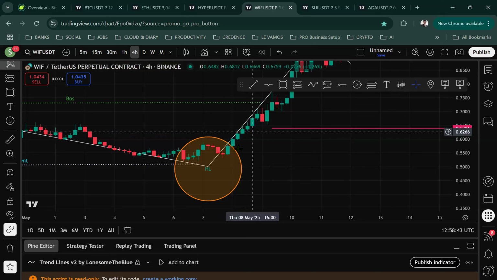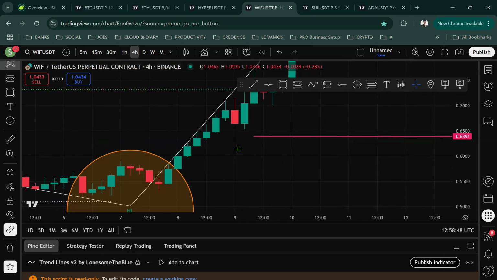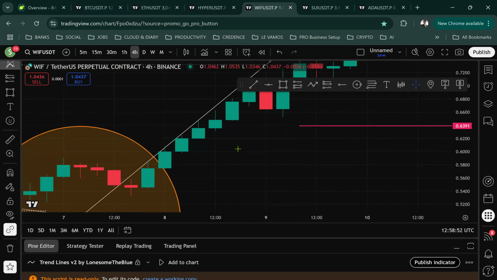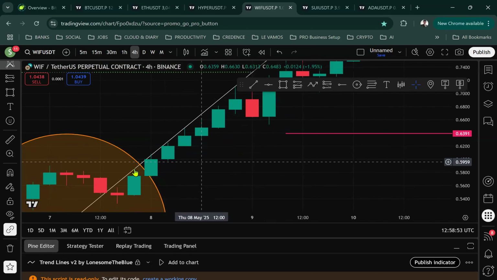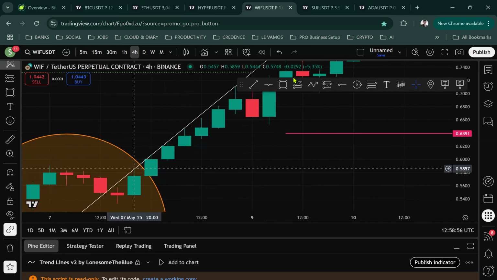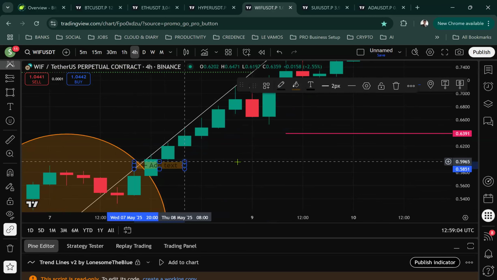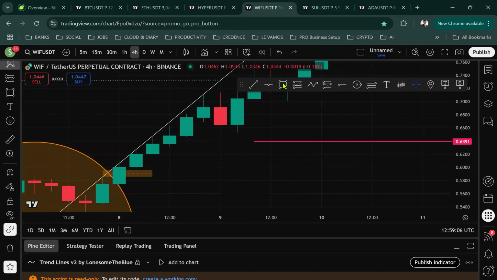Can you zoom into that area? Let's look at it very well. There is a fair value gap, of course.